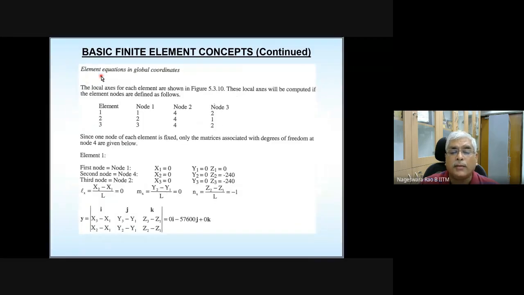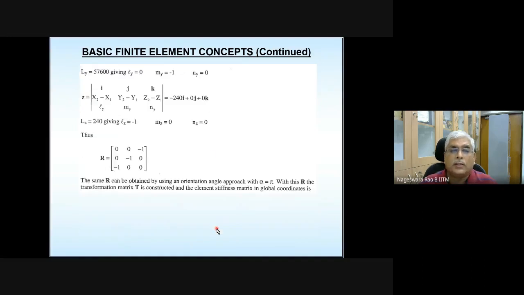Anyway, a unit vector is nothing but you need to normalize this. You need to normalize in the sense of this square plus this square plus this square, square root of that. Okay, you normalize this vector, you are going to get the unit vector along the y direction. So that normalizing factor is denoted with Ly.